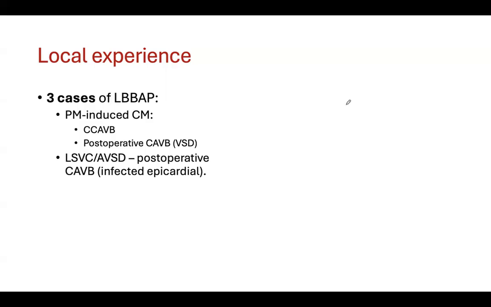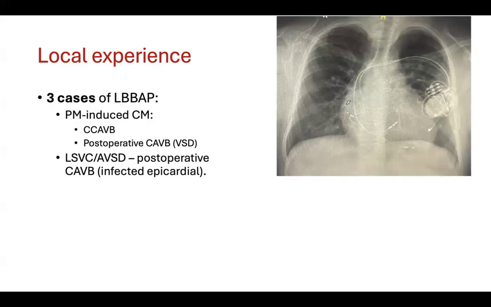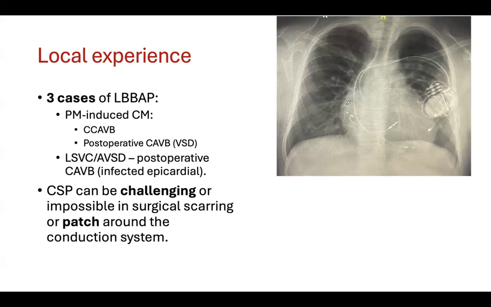And then we did a right-sided implant for an AVSD patient who had post-operative complete heart block and then an infected epicardial system, but normal function. We switched to transvenous, but we attempted left bundle branch area pacing. So we did 3 cases so far, and I think so far so good, except for one patient, where there's a question mark, and I'll discuss that patient in a second.